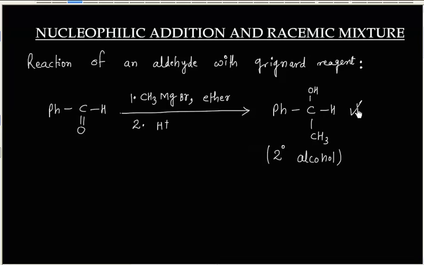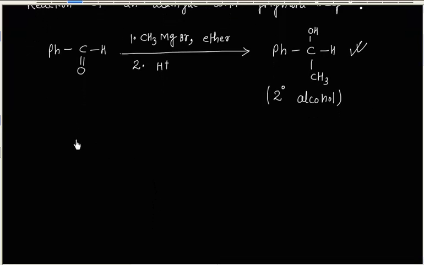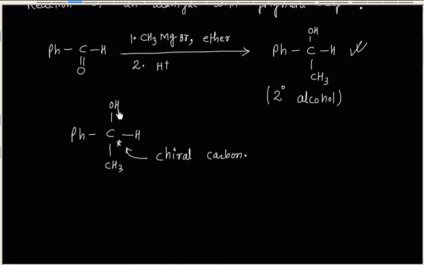Now if you see this product, that is the alcohol, this carbon is a chiral carbon, because it has 4 different groups attached to this carbon.